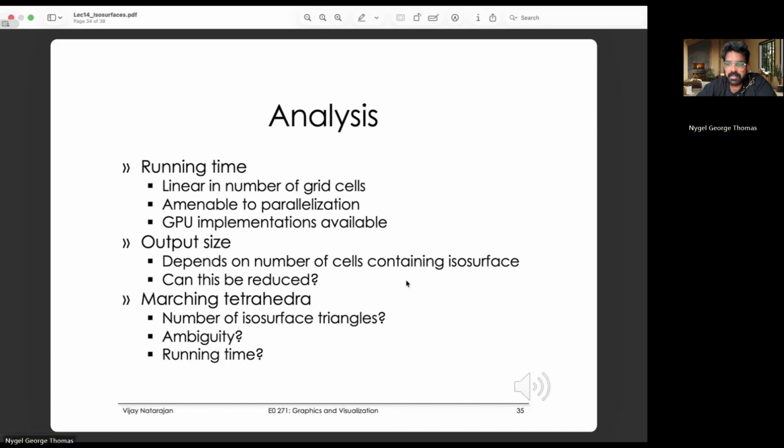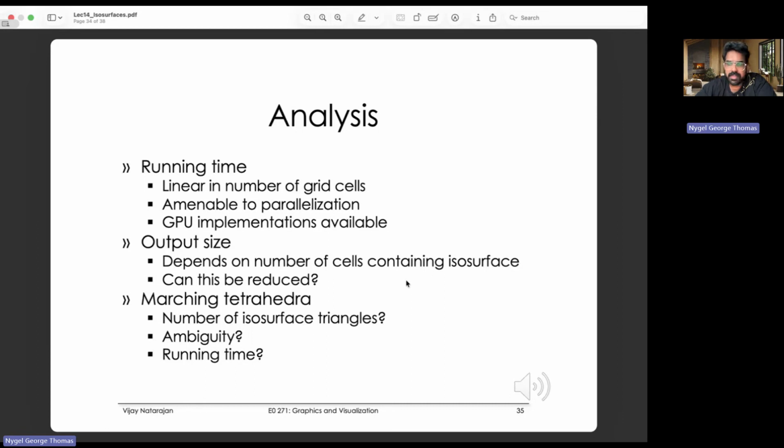But we've already seen that every grid cell may not contain an isosurface. So that is actually wastage, because you don't necessarily have to run through the entire set of grids. We only have to run through the grids where we have isosurfaces.